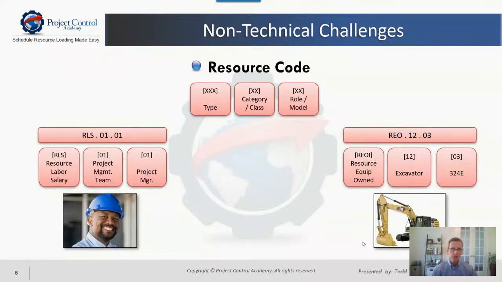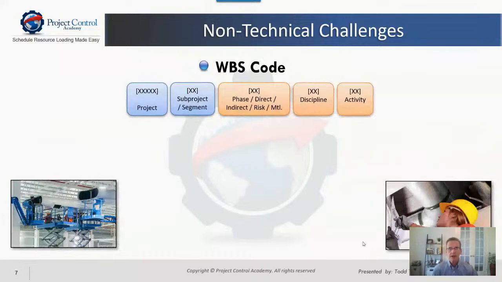Another example to apply it to, like equipment, REO for resource equipment owned, 12 representing excavators, and then a specific model of excavator. Just kind of an idea on how that could get laid out. And again, just need something standard and unique.